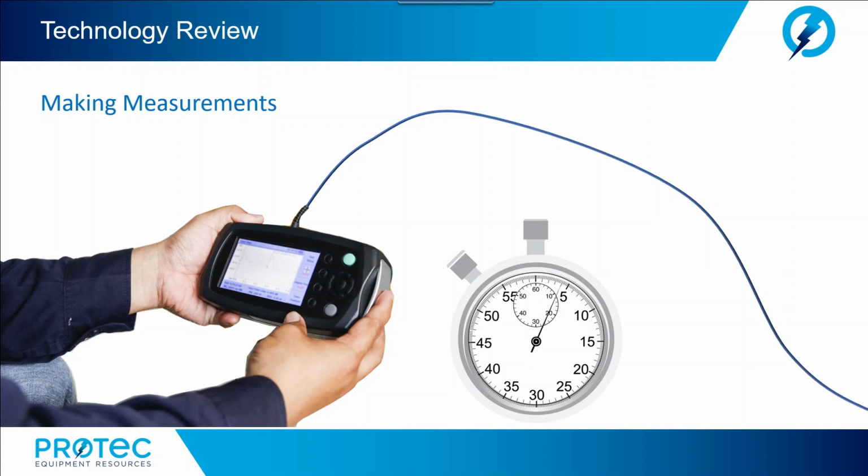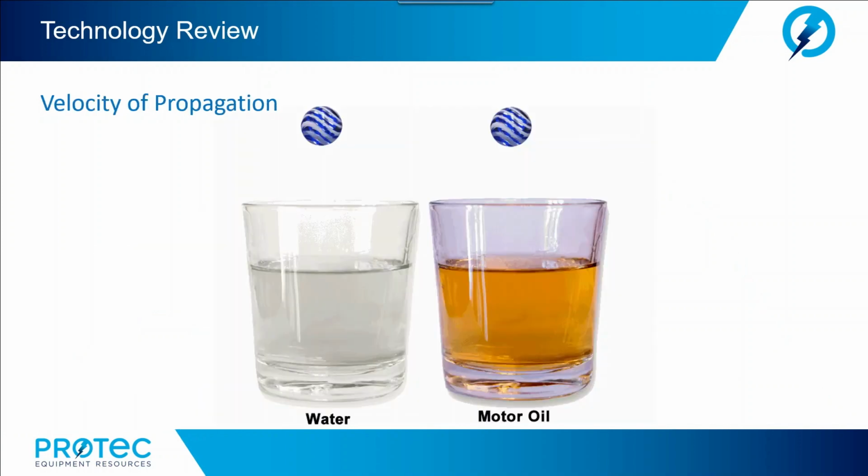But to complicate it, the TDR's pulses travel at different speeds in different types of cable. The transmitted pulses travel at different velocities on different cables, much like a ball travels at different velocities through liquids with different viscosities.